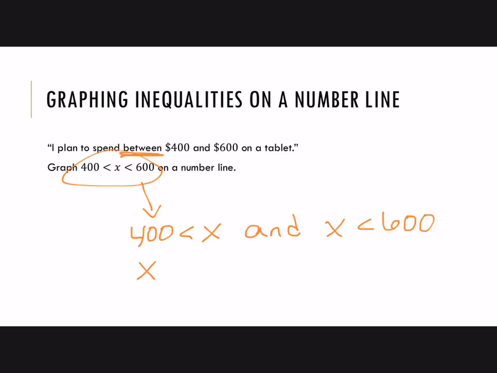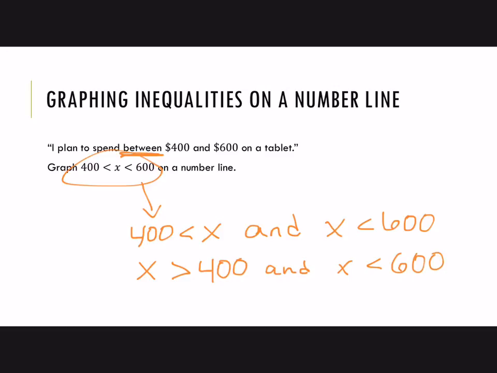When you flip it, you want to make sure that the same side of the inequality symbol faces the x. So here we want the pointed smaller end facing the 400 and the open wider end facing the x. So I would write that as x is greater than 400 and x is less than 600. So that's what we're trying to graph.